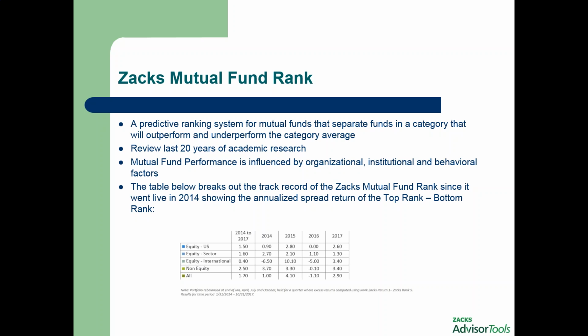And as you can see, the table below does break out the track record for Zacks Mutual Fund Rank when it went live in 2014, and basically showing the annualized spread return of the top rank to bottom rank. So just a visual view of seeing how our mutual fund rank has done since it went live in 2014.